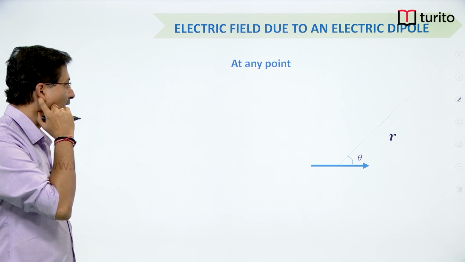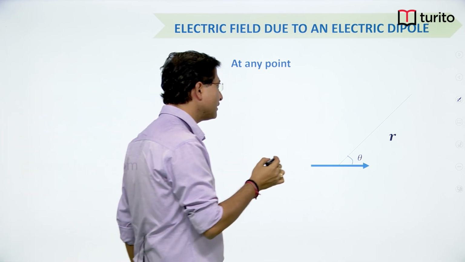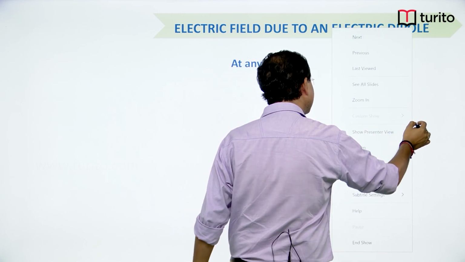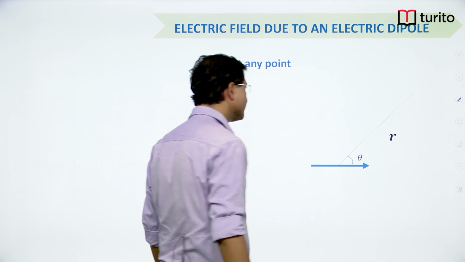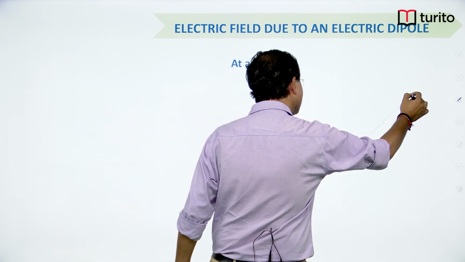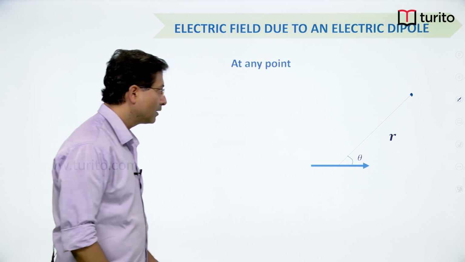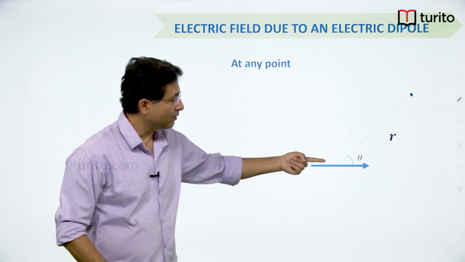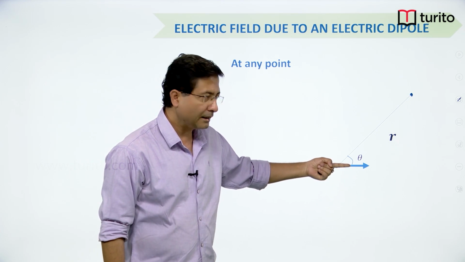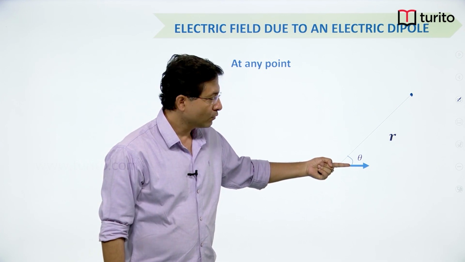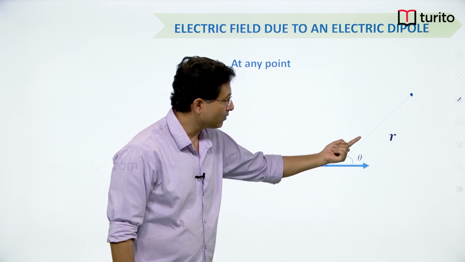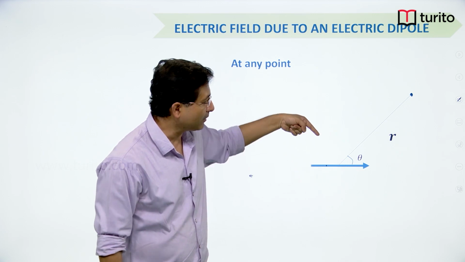Now, see, at this particular point, if you are interested in calculating the field, what I can do, I can resolve, because dipole moment is a vector quantity, I can resolve this dipole in 2 directions, one along the line and another perpendicular to that.